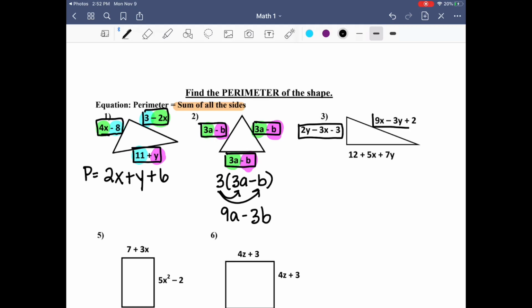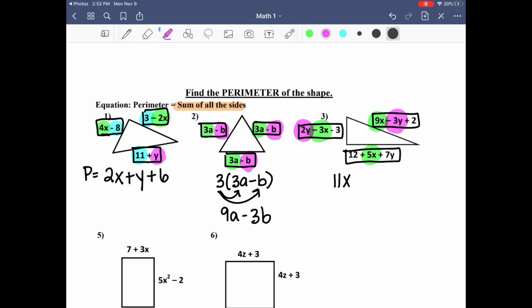All right, so the last triangle example, if I'm doing perimeter, I'm going to start with my x's. So I have negative 3x, 9x, and 5x. When I add that together, negative 3 and 9 is going to give me 6x. 6x and 5x is 11x.